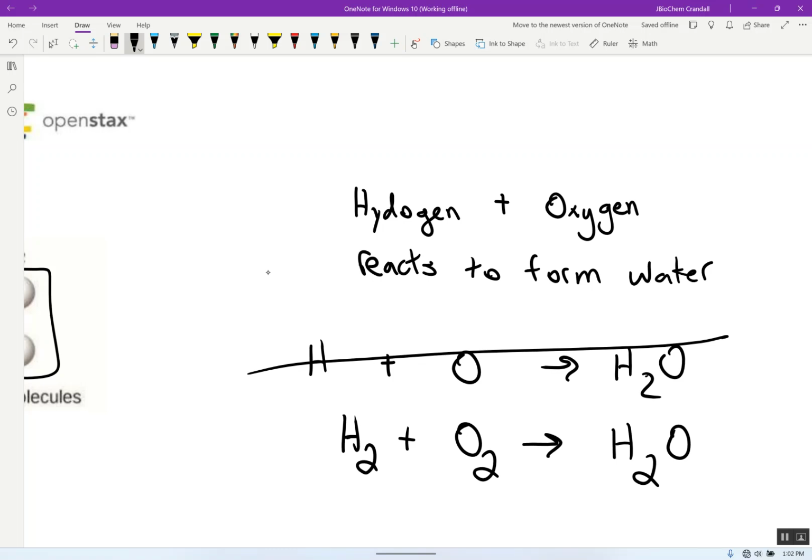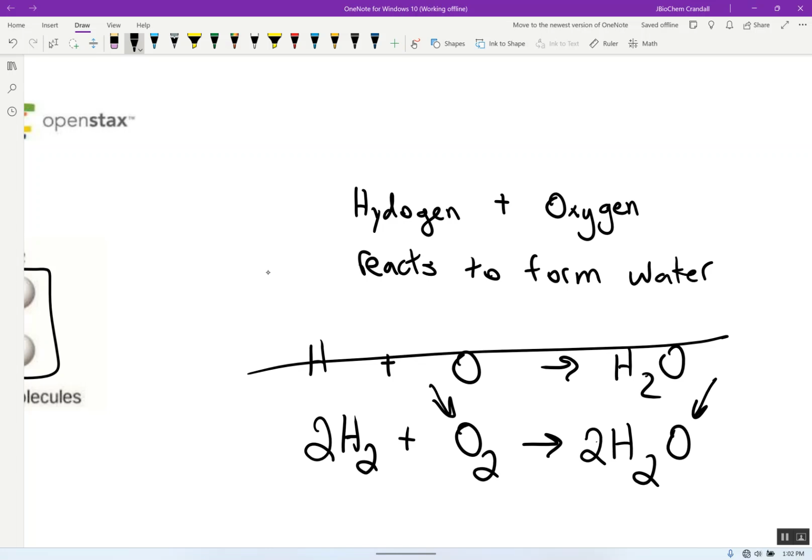And then obviously we would want to balance it because it's not the correct amounts, because here I have how many oxygens? 2. And over here I just have 1. So I need to get 2 water molecules to have 2 oxygens. And because I have 4 hydrogens now from 2 H2s, I need another 2 H2 here to give me 4 hydrogens.